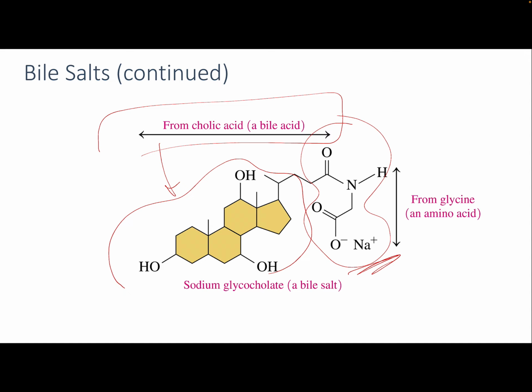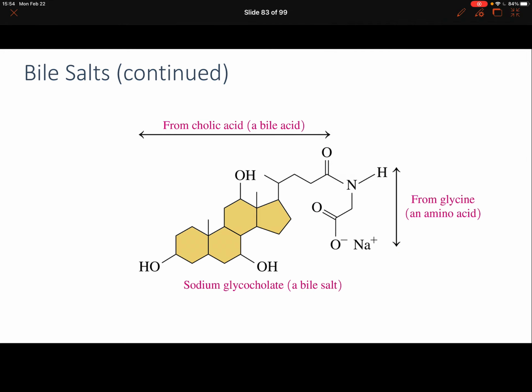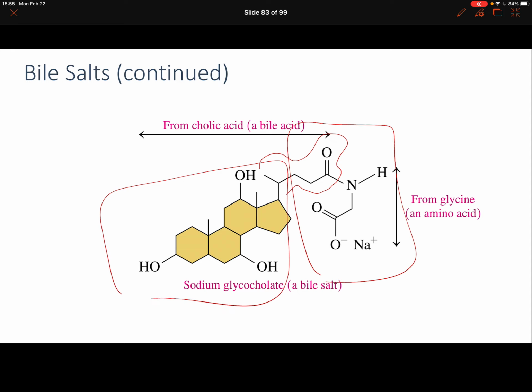And then glycine, the amino acid, provides the rest of this structure over here. Our body then mixes those together, and that's what we get. So cholesterol, when we add some carboxylic acid functionality, becomes cholic acid. So sodium glycolate is the bile salt. Again, nonpolar and polar regions, and it acts like a salt.